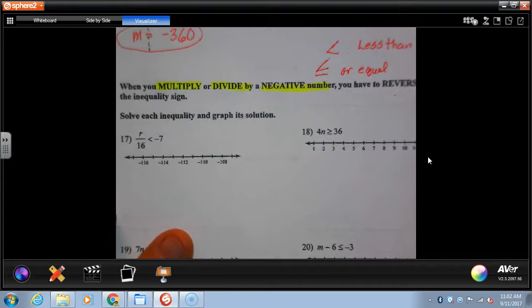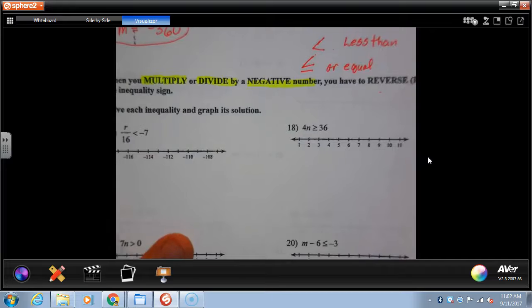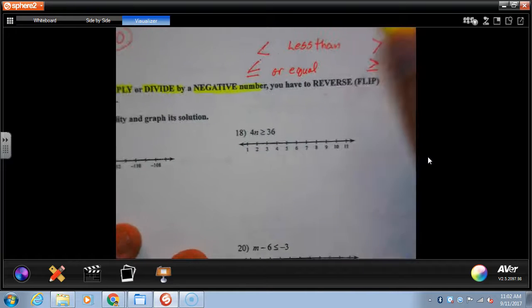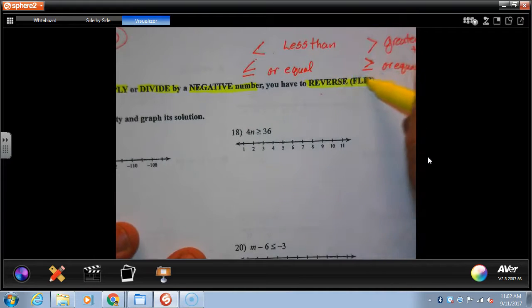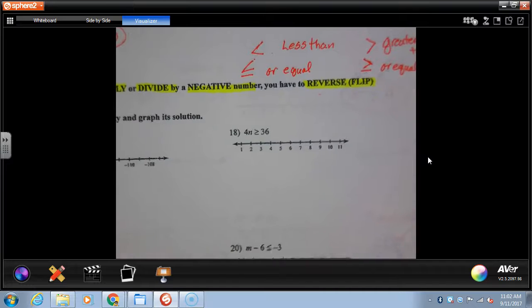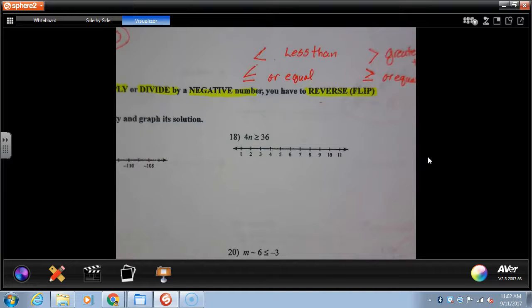When I multiply or divide by a negative number for an inequality, we have to flip or reverse that inequality sign. Really important.